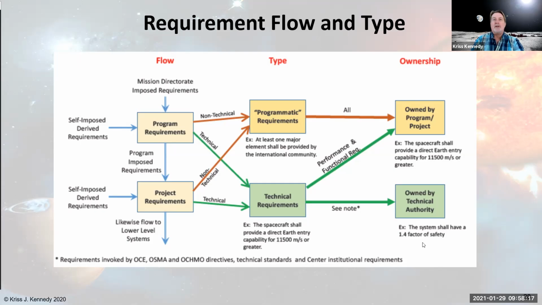A part of this is that the technical authorities from a NASA perspective oversee a lot of these requirements and have insight to make sure nothing's missed. So you have the Office of the Chief Health and Medical Officer, a technical authority. You have the Engineering Technical Authority, and others. You have the Office of Safety and Mission Assurance Technical Authority.